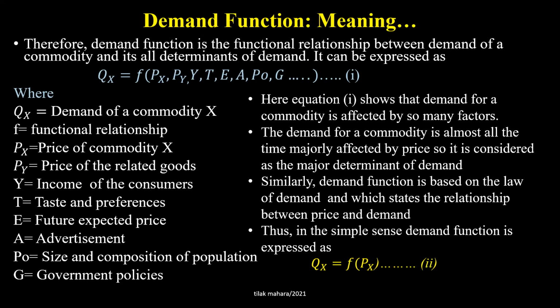Therefore, in the simple sense, we can express the given demand function as a function of Px. So equation number 2 shows demand function or quantity demand as a function of price. Hence, equation 2 is known as single variable demand function, and equation 1 is known as multivariable demand function.